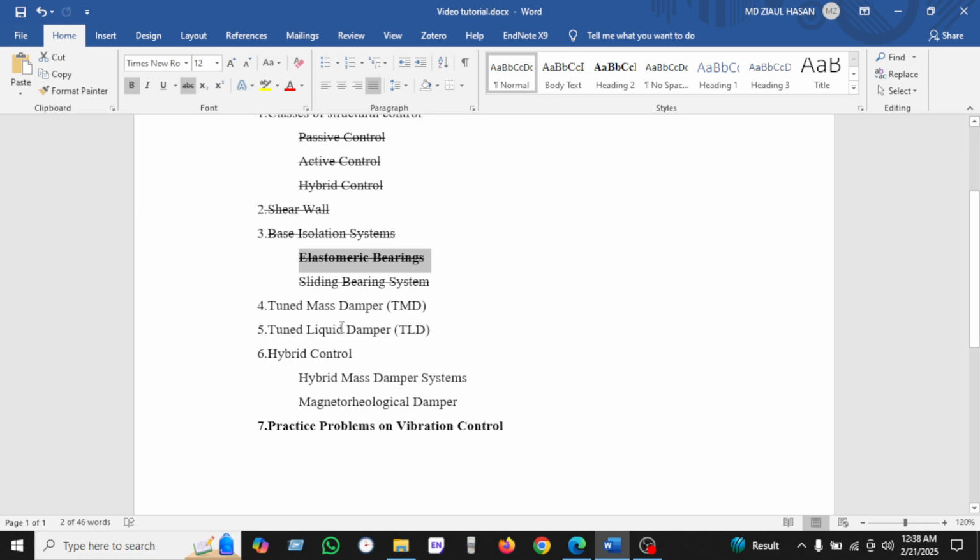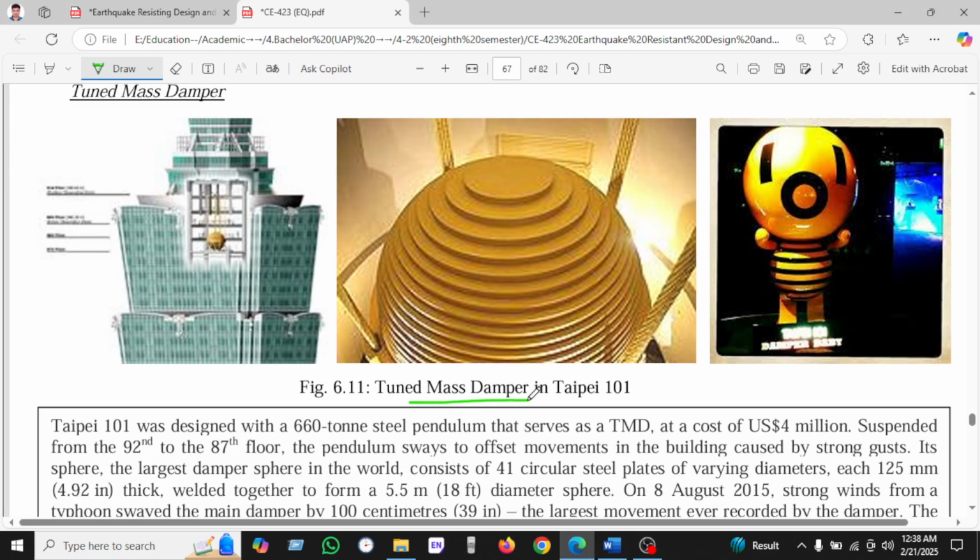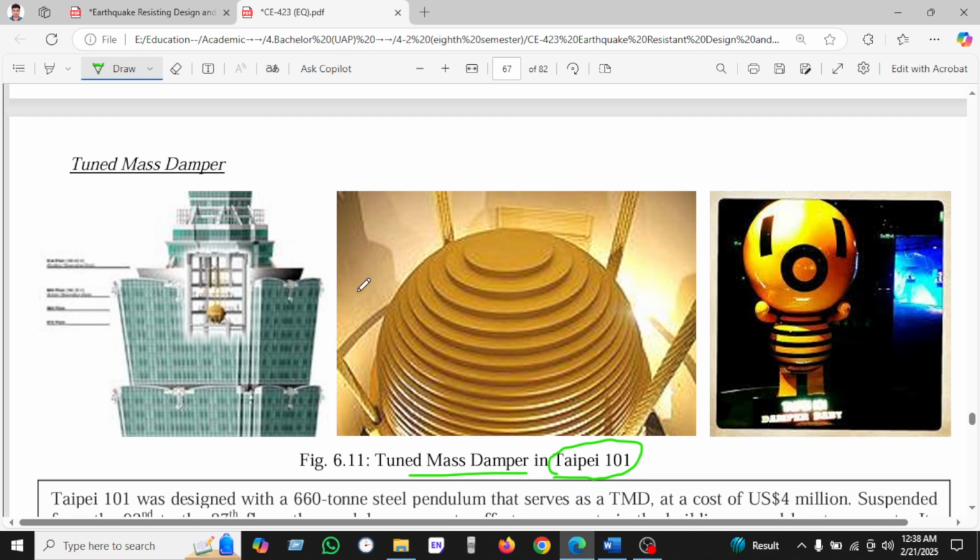Another is the TMD, which is the tuned mass damper, and the liquid damper, in depth. We can see the tuned mass damper in Taipei 101, which is beside China.